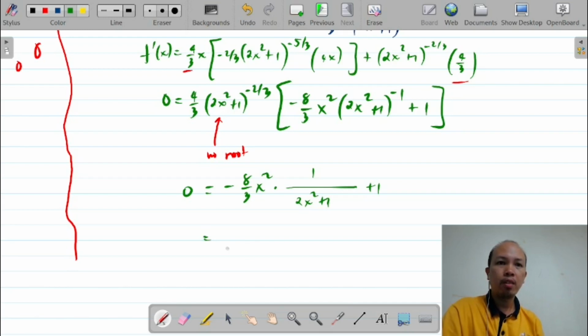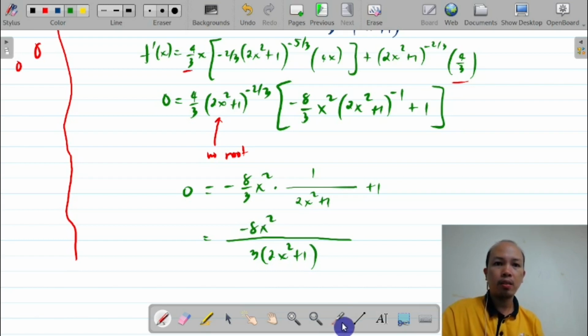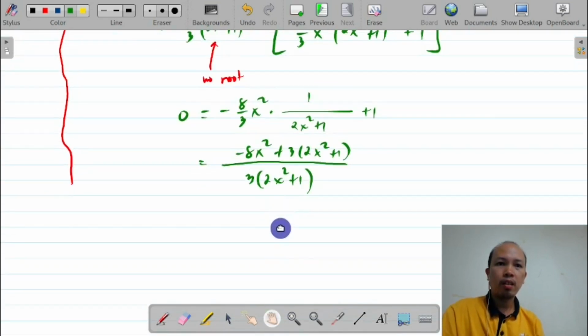Then we get the LCD, which is 3(2x² + 1), and then we have negative 8x² plus 3(2x² + 1), and then we have here 0.